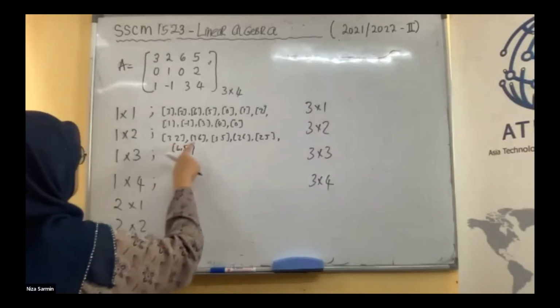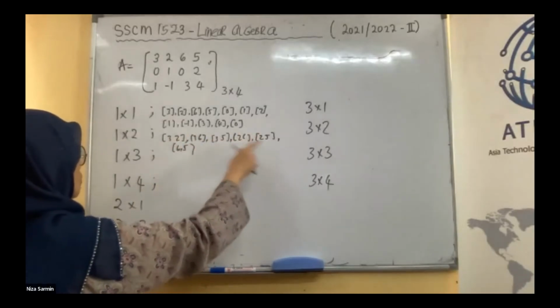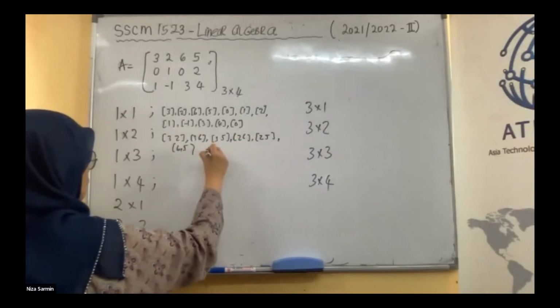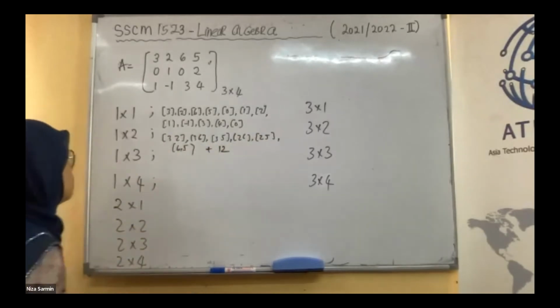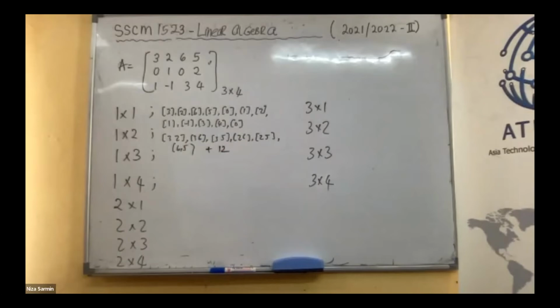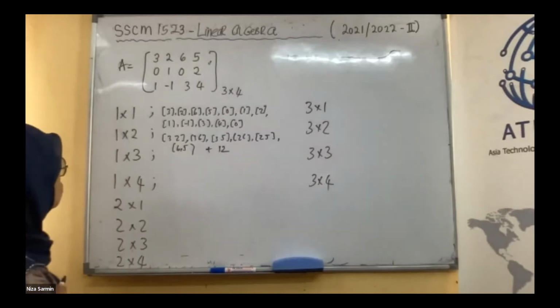This is the first row, so plus another 12 from the second row and the third row.